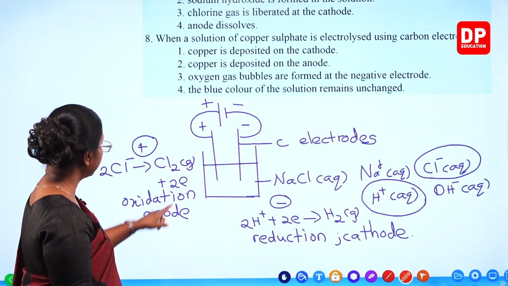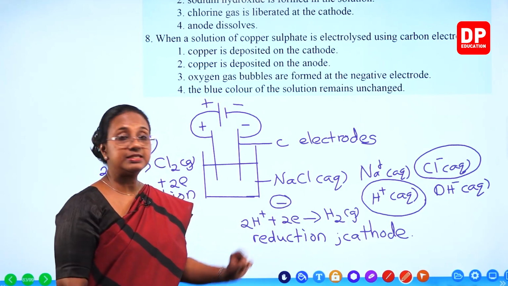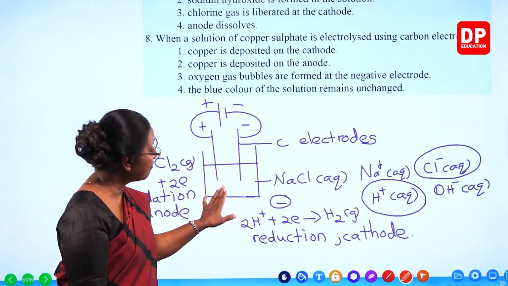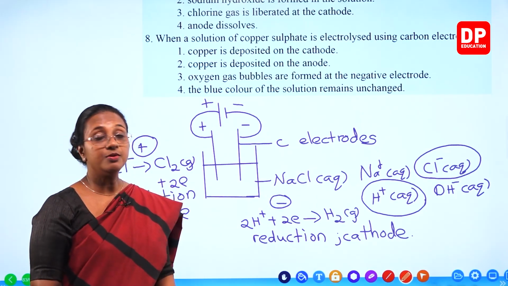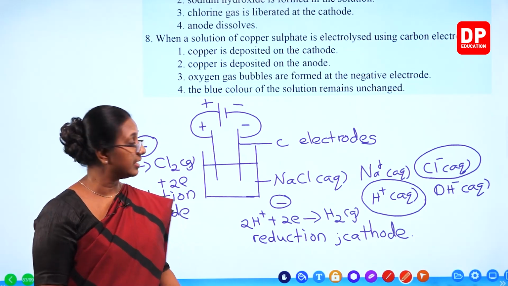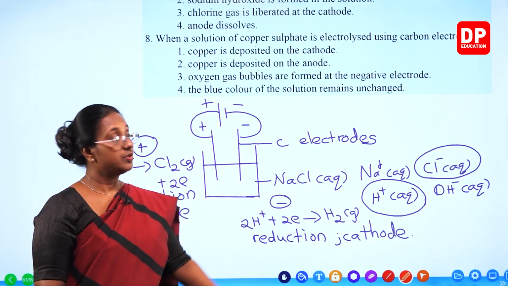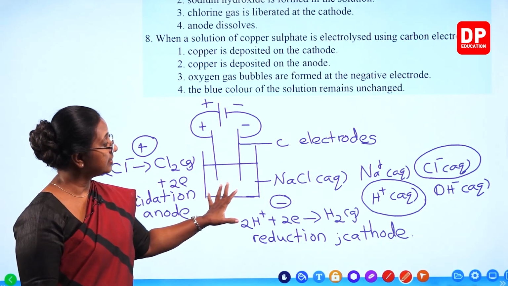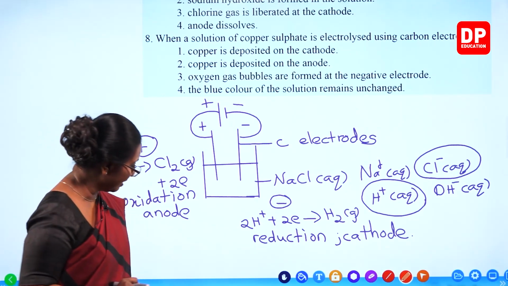Near the positive electrode, it is chlorine gas. Near the negative electrode, it is hydrogen gas. And what will remain in the solution after that? Na+ and OH- together, that is caustic soda, sodium hydroxide, will remain in the electrolytic cell. So that is how the electrolysis of aqueous sodium chloride occurs. I am sure you all can remember that.